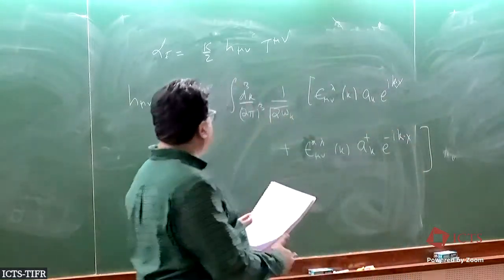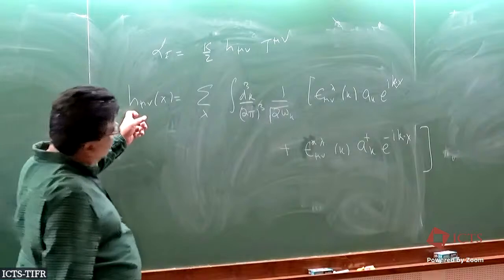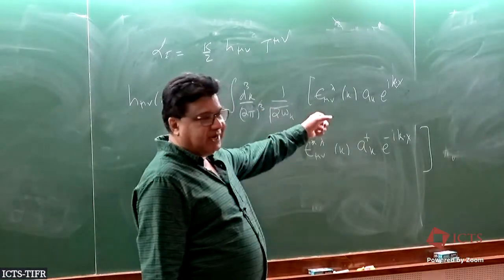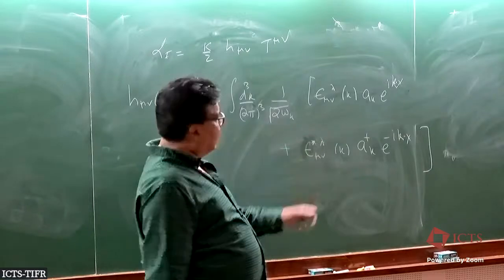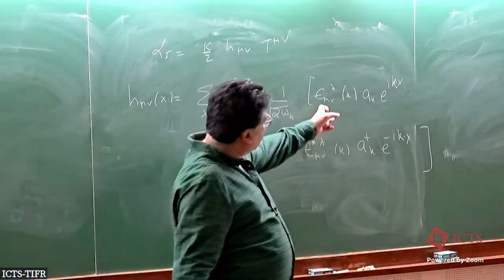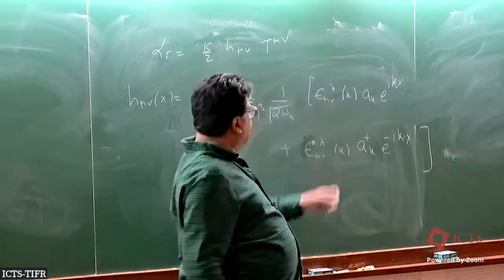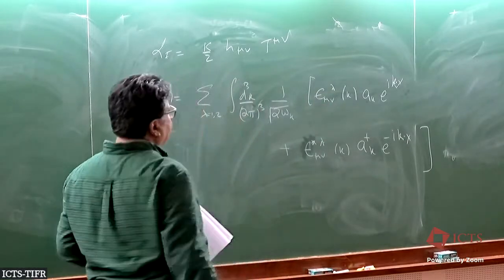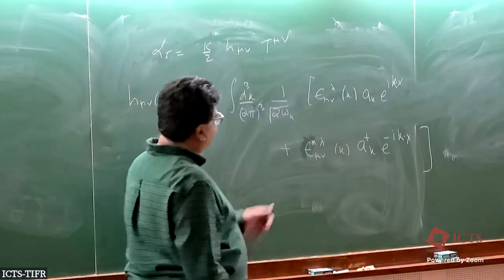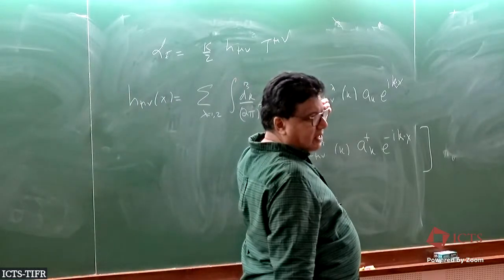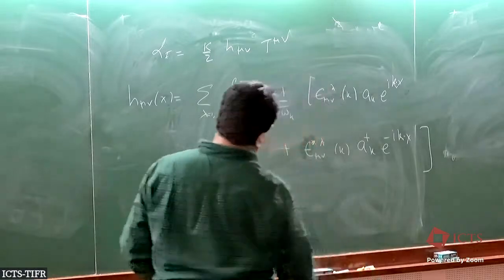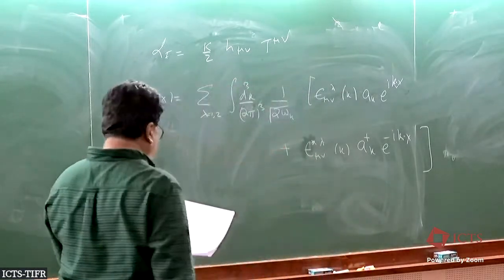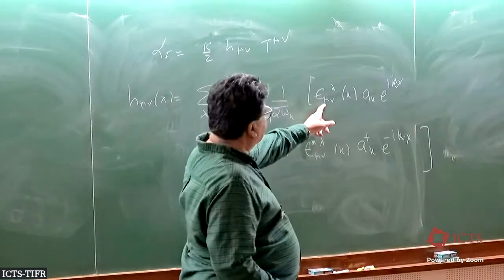So this is similar to what you do when you write a scalar field in terms of creation and annihilation operators, except that now you have these polarization vectors, which tell you that there are these two polarizations, let's say 1 and 2, but you are writing it in a more covariant way. When you write it in a covariant way, you have to work out the properties of this.